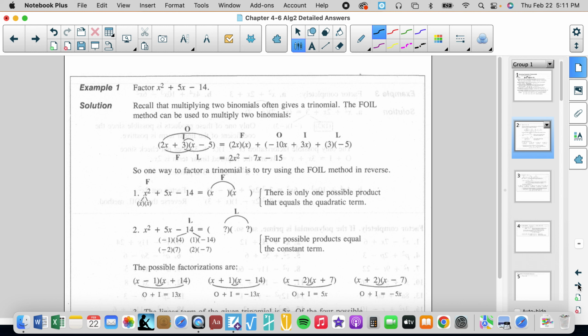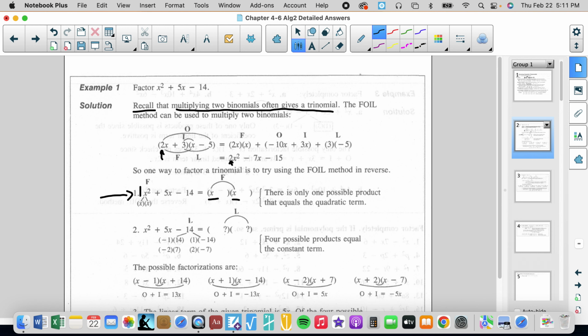But it really talks about it, and it's funny because it says, recall that multiplying two binomials often gives us a trinomial. So it's ironic that they do one where our A value is more than 1. We're typically going to work with factors when your A value is 1.